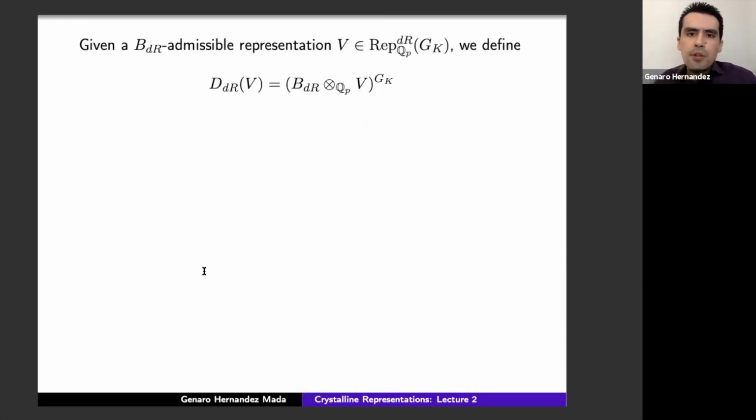Before going there, let me define this. If we take a B_dR-admissible representation V, we define this Dieudonné module, D_dR(V), as the G_K-invariants of this tensor product.